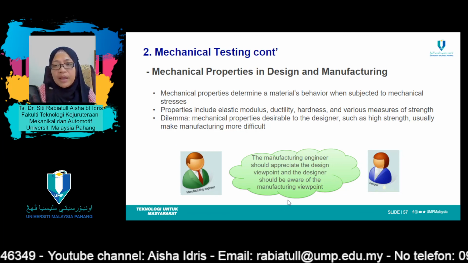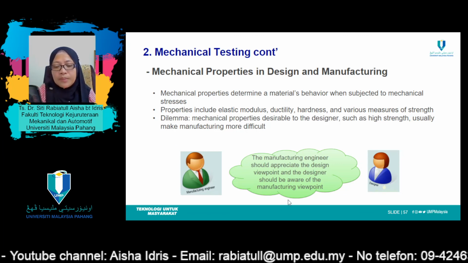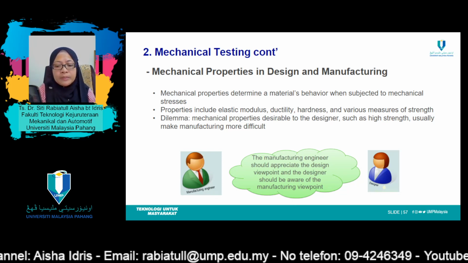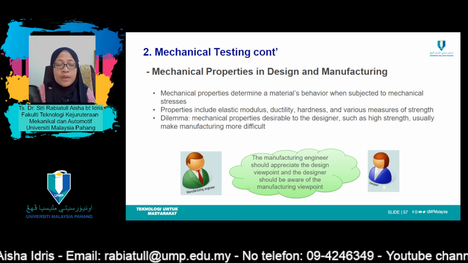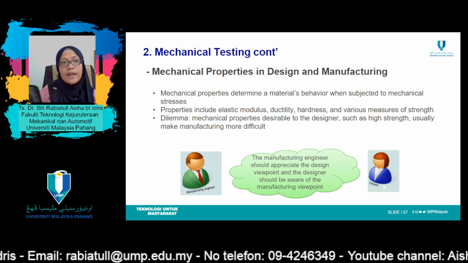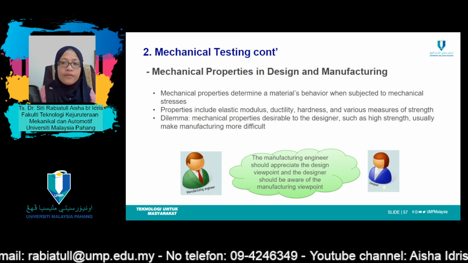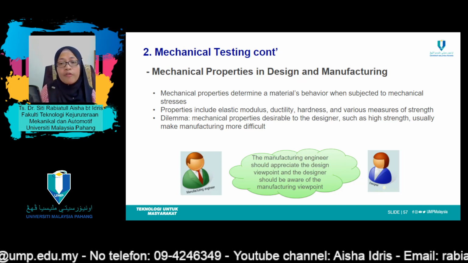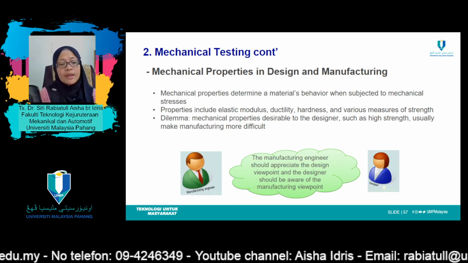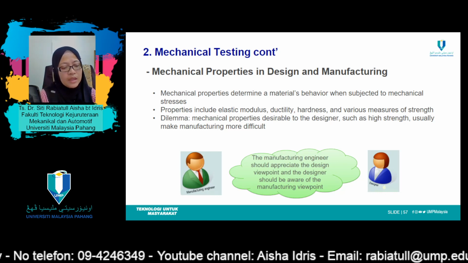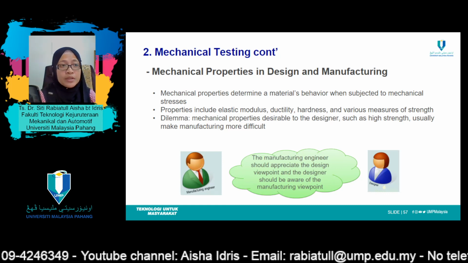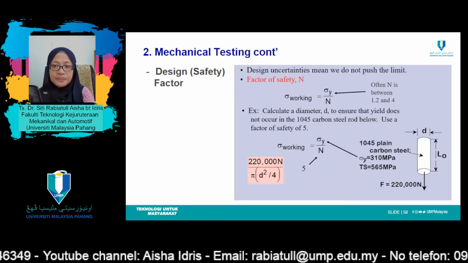So as a manufacturing engineer, we should be able to determine the properties of the materials which actually affect the final design of the product, because different products may require different types of properties. So we need to study what are the possible or suitable testing for each type of material.